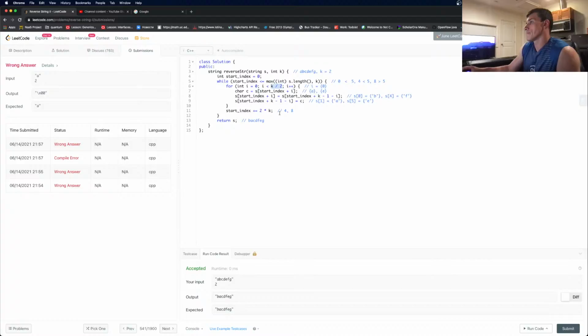So yeah, I think it should be the min between k, which is 2, and s length half. Right?